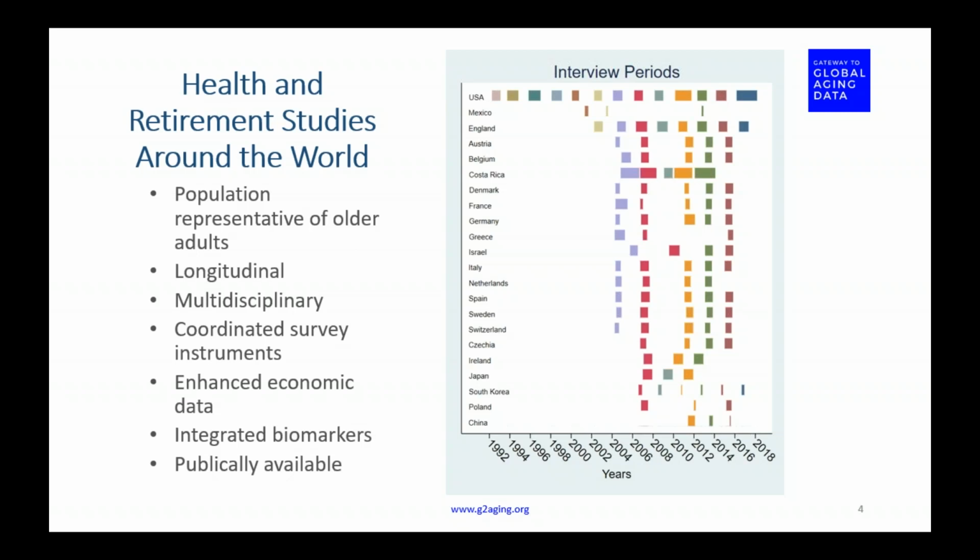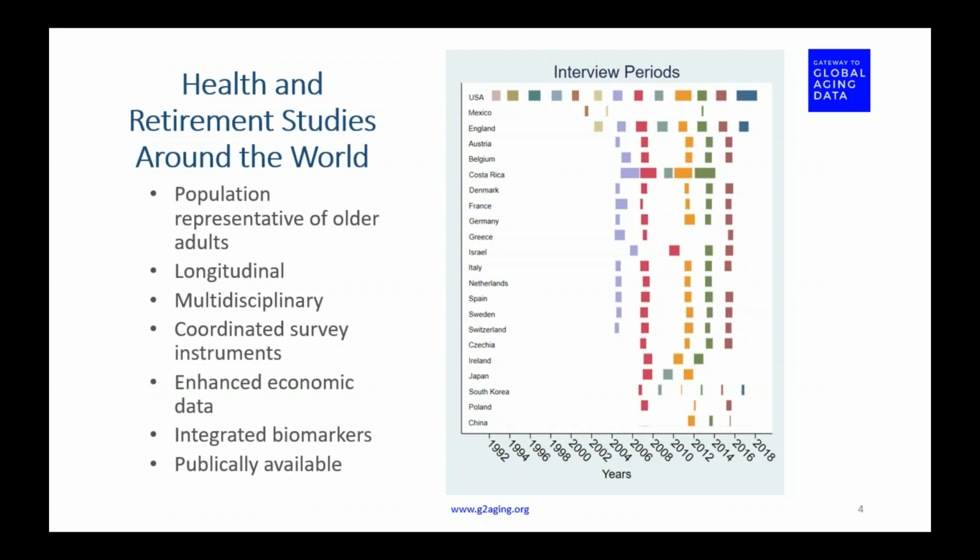There are a couple of hallmarks to all of the studies which are considered part of this network, or this international family. Those include that they're population representative of older adults. These are longitudinal surveys, so they interview someone one time and then they come back at some point later and re-interview them again. They're multidisciplinary, so these are not just economic surveys or health surveys.